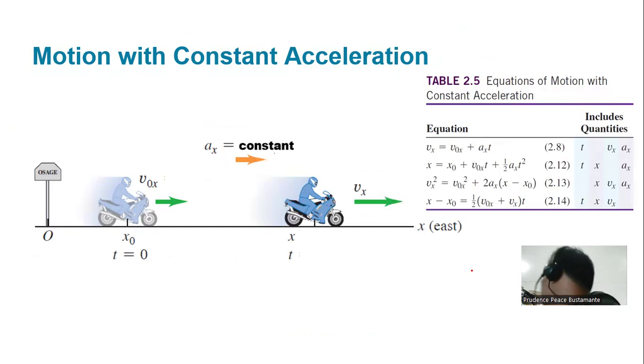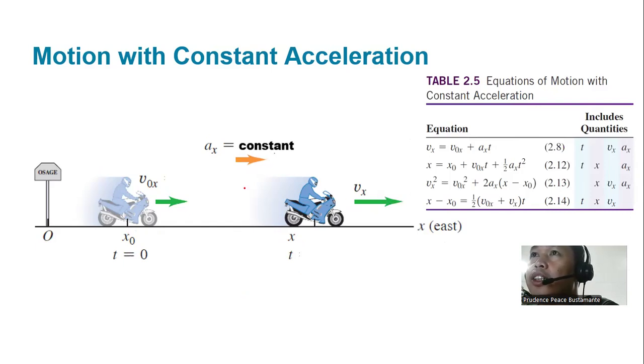When you are moving with constant acceleration, your initial velocity v sub o x, measured at t equals 0, and your initial position x sub o, where the subscript o means these initial values are measured at t equals 0, are related to variables such as the position at a later time t and v sub x.